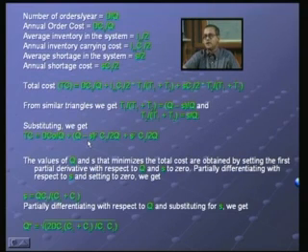Now, we have to find out the optimum values of Q and S. The values of Q and S that minimize the total cost are obtained by setting the first partial derivative of this function with respect to Q and S to 0. Now, partially differentiating with respect to S and setting it to 0, we get S is equal to QCc by Cc plus Cs.